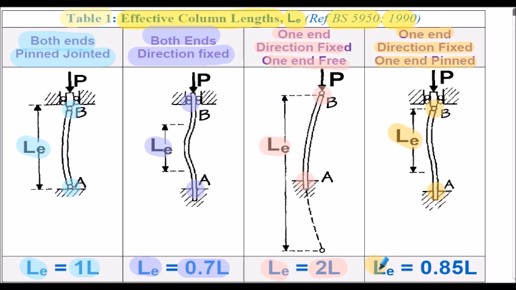The effective length is now 0.85 of the original length. So if our actual length again was 2 meters, then the effective length is 0.85 times 2 meters, so it's 1.7 meters for our analysis purposes. So there are our 4 types of configuration we will use within the work we're going to consider.